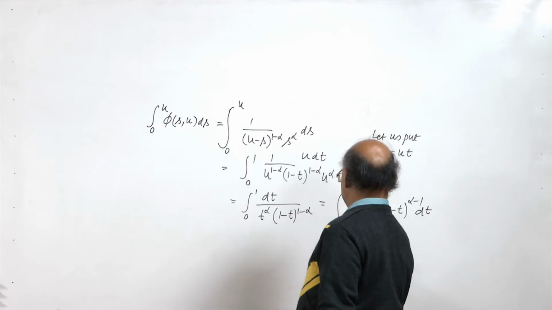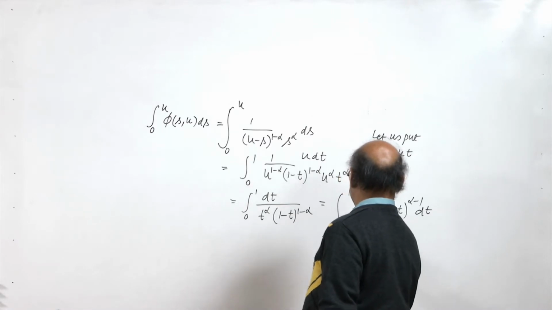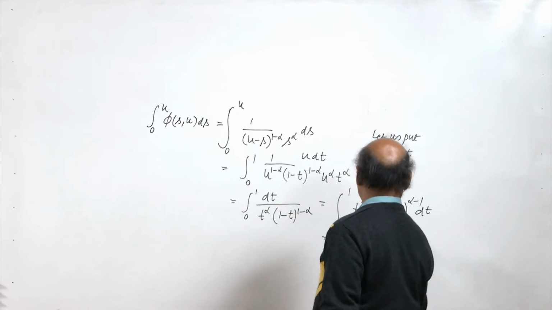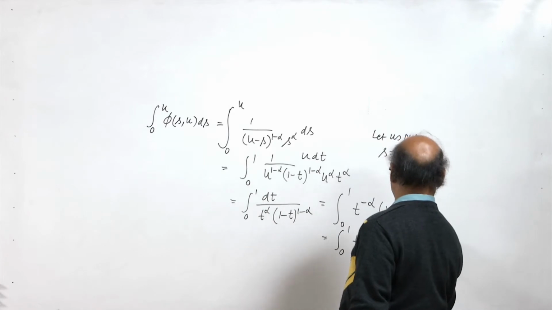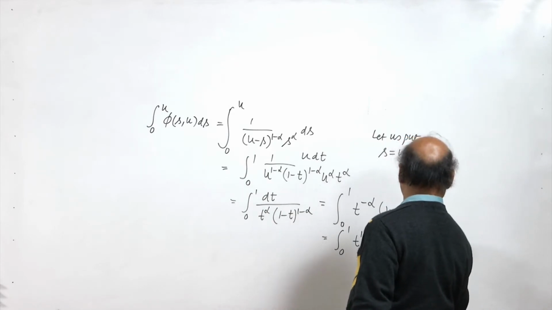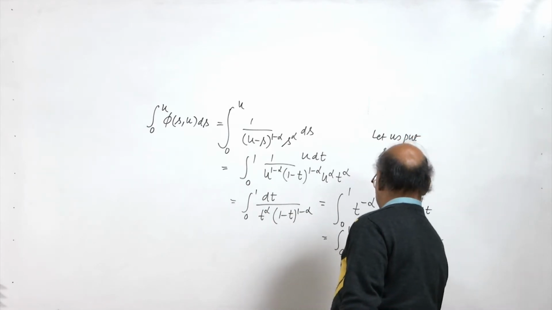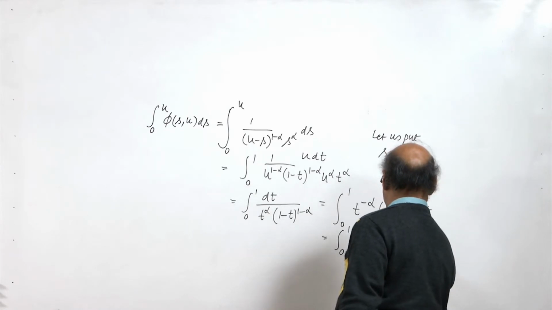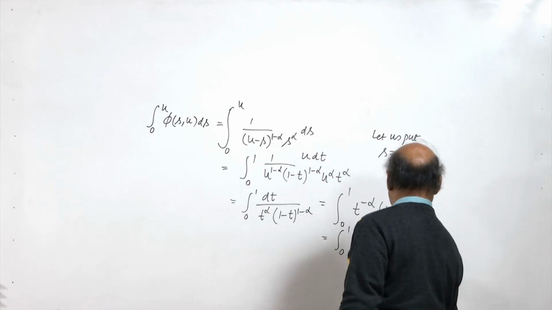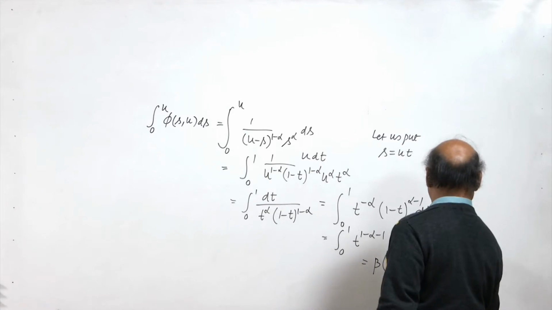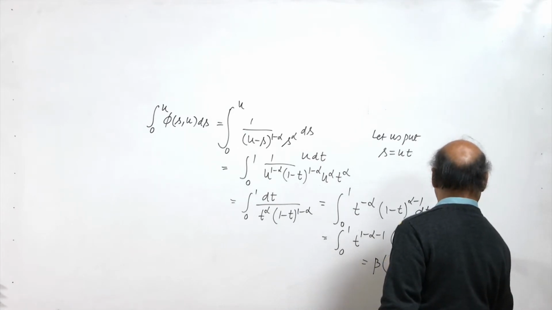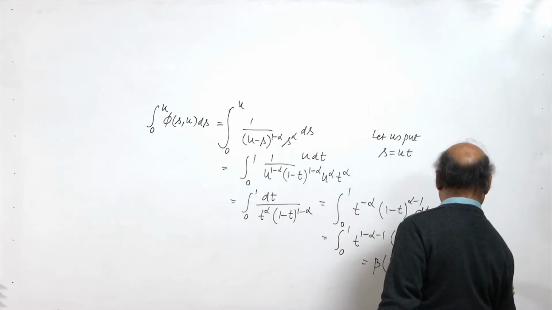So, this is integral 0 to 1 t to the power (1 minus alpha) minus 1 (1 minus t) to the power alpha minus 1 dt. This is the beta function B(1 minus alpha, alpha). So, this is gamma(1 minus alpha) gamma(alpha) over gamma(1 minus alpha plus alpha).